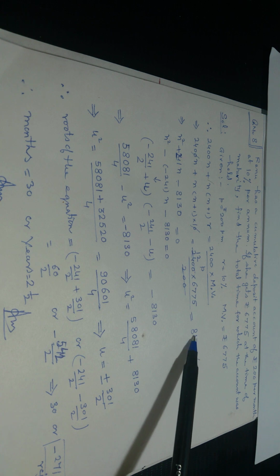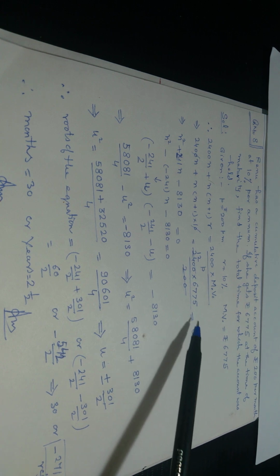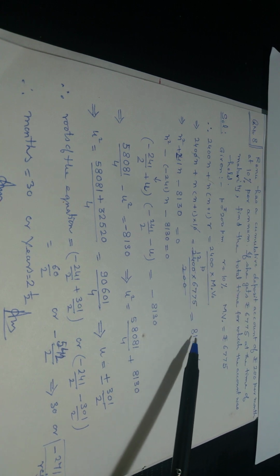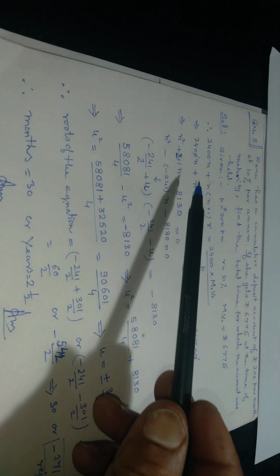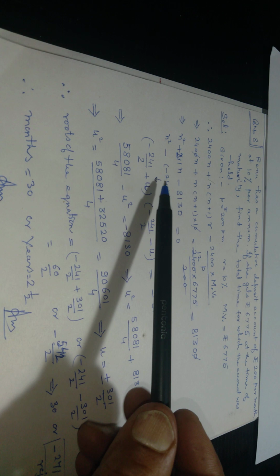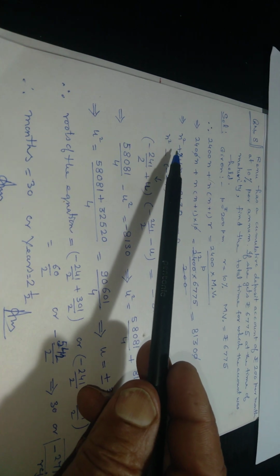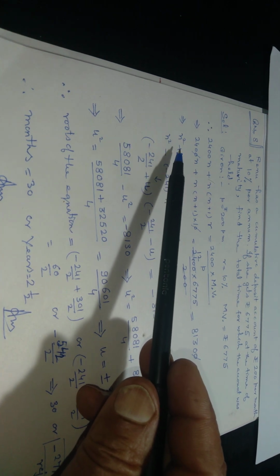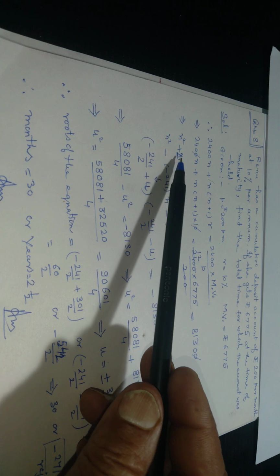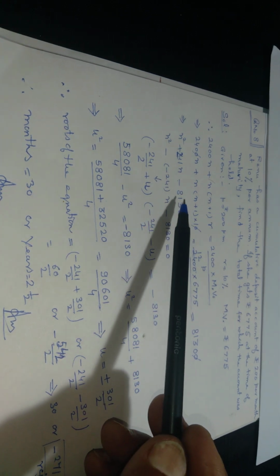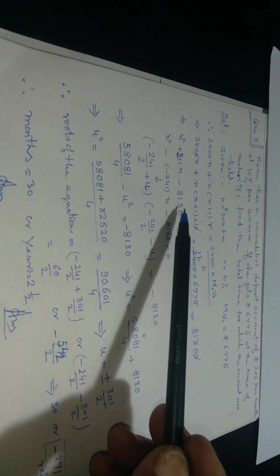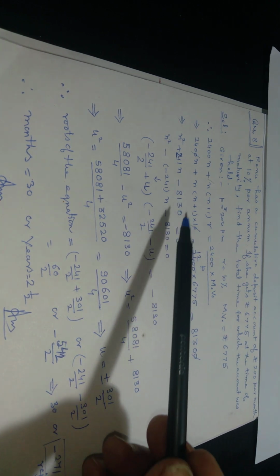So on the right hand side we will get 8130 after cancelling. Now we will get a quadratic equation like that, n square plus 241 n minus 8130 is equal to 0.